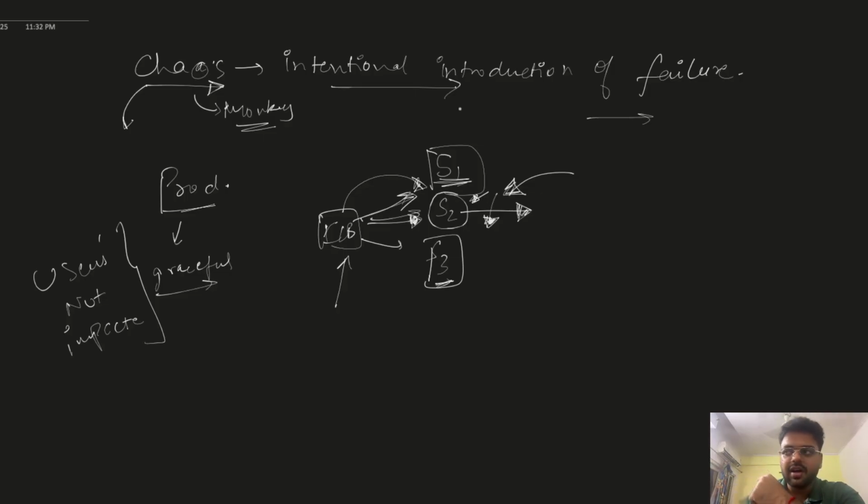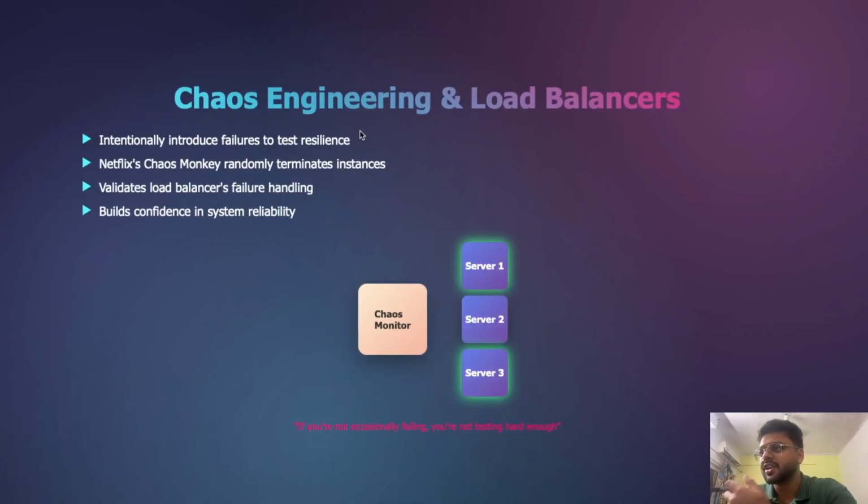So this is the best validation I would see from the load balancer perspective that Netflix brings with the help of chaos engineering. And this builds confidence in the system's reliability, so that if any such situation comes in a real scenario, they are good to handle it.